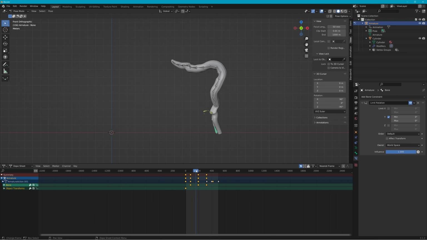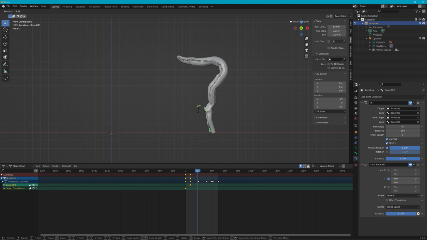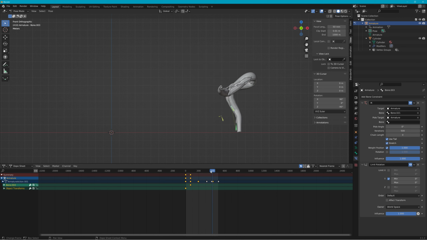Well, I don't think it's rotating as much as I just think it's got to do with where the, I don't know. Whatever it was, that fixed it. Like I said, the hierarchy was wrong. I had the wrong bones connected.